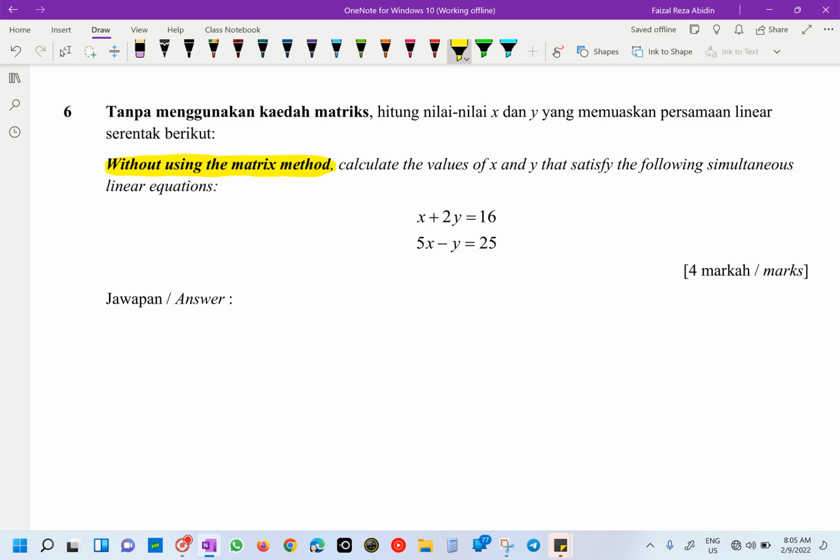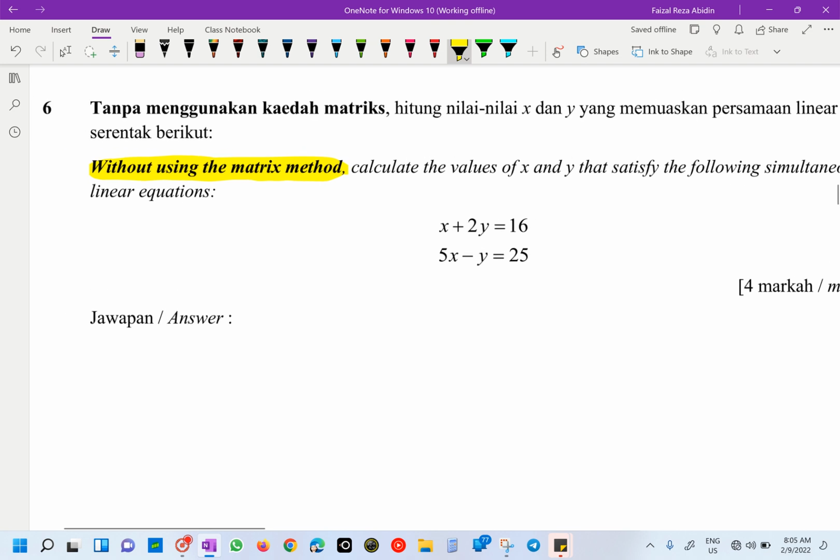Okay. So, this one, we are going to do what first, girls? First equation, second equation. You are going to eliminate x or y? X. So, we are going to take one, times 5.